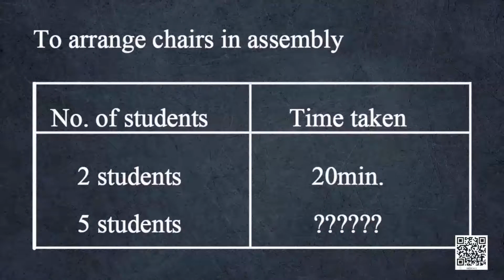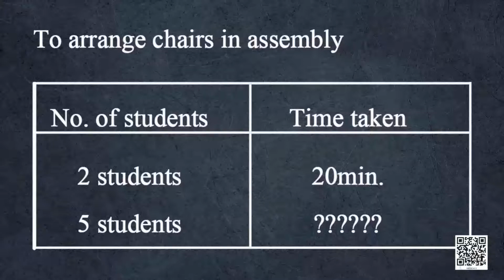Let us check. Here is another situation for you. 2 students take 20 minutes to arrange chairs for an assembly. Then, how many minutes will 5 students take to arrange the same number of chairs in the assembly?